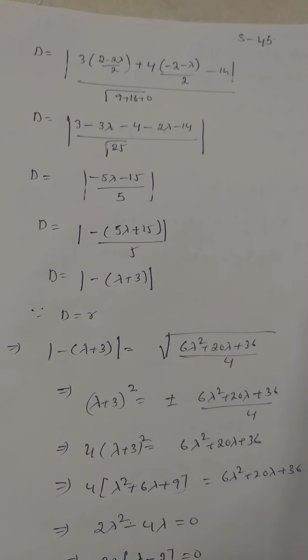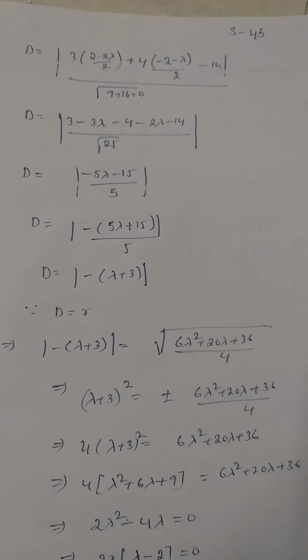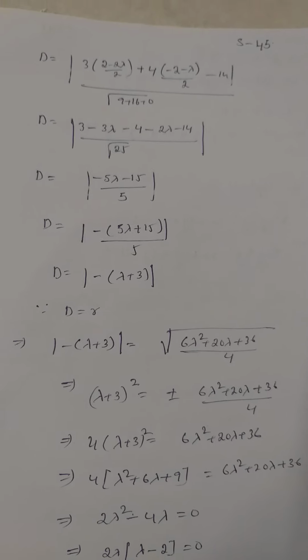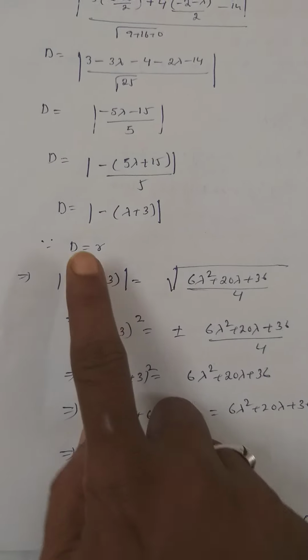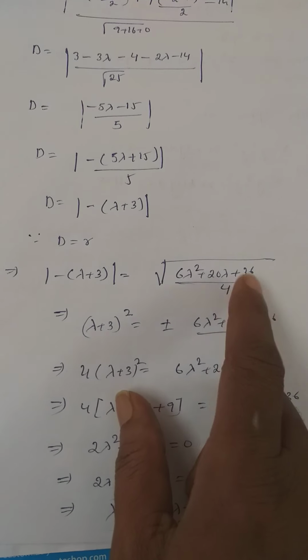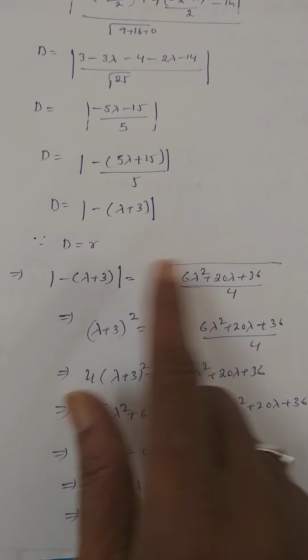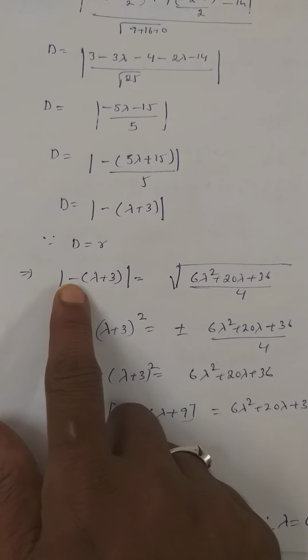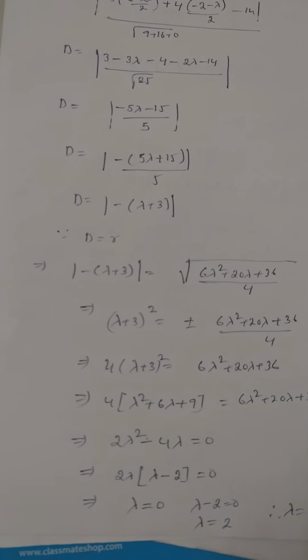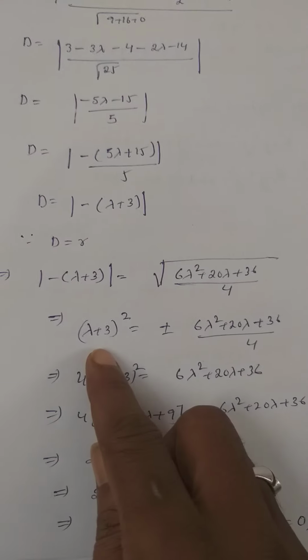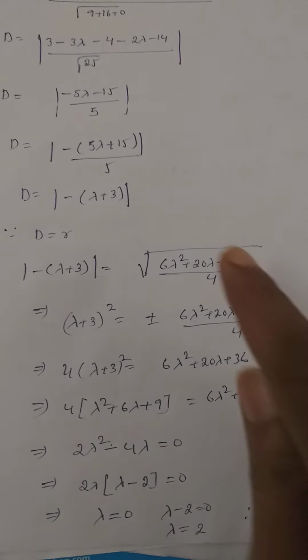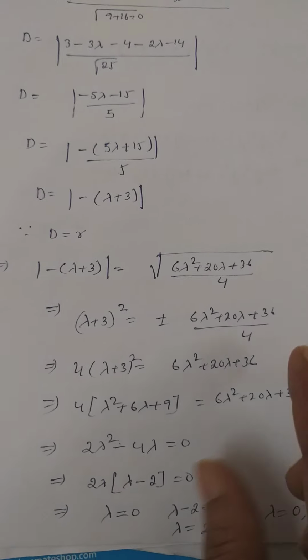Our required sphere touches the plane 2. That's why the perpendicular distance is equal to radius. Now, see, d value is equal to radius value. Now, squaring on both sides, the minus goes away, modulus means minus will not be there, right? Now, lambda plus 3 whole square is equal to, square root cancelled, plus or minus you will get.